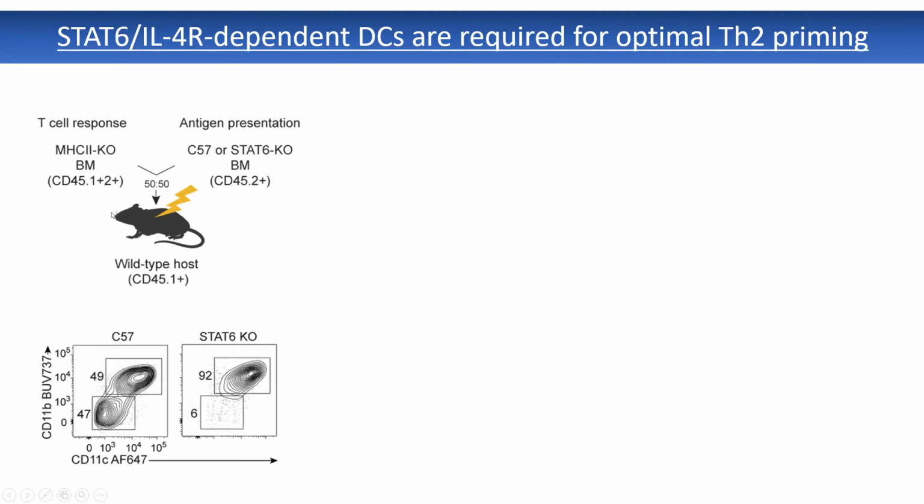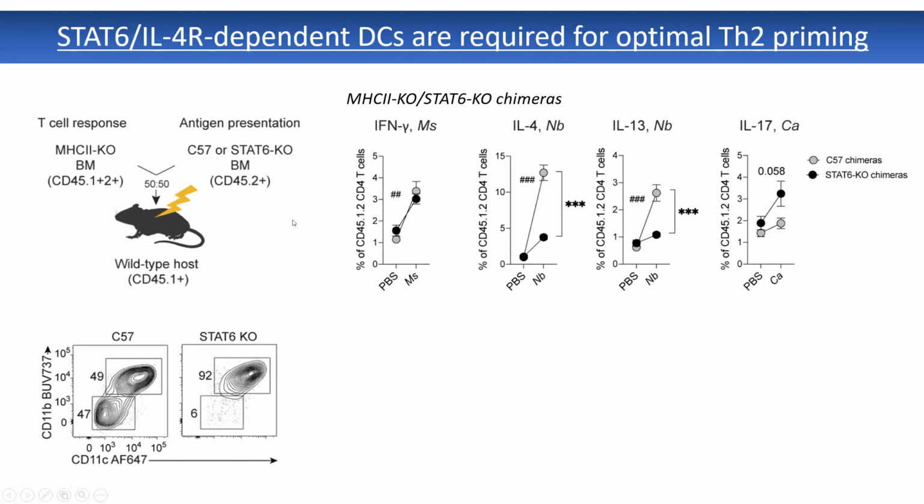And the first one was a 50-50 chimera, where we could interrogate T cell responses which were not impaired in STAT6 signaling, and where we had antigen presentation which either was normal, with normal development of CD11b-low DC2s, or in the second group of mice had a deficient development of CD11b-low DC2s.